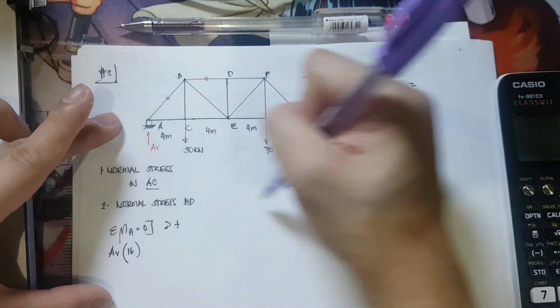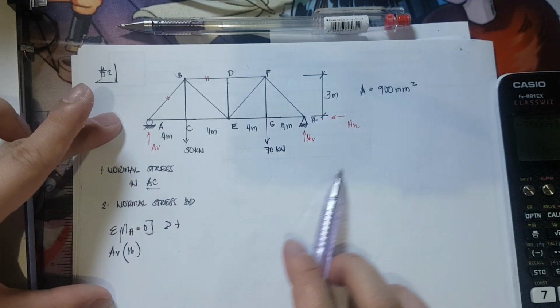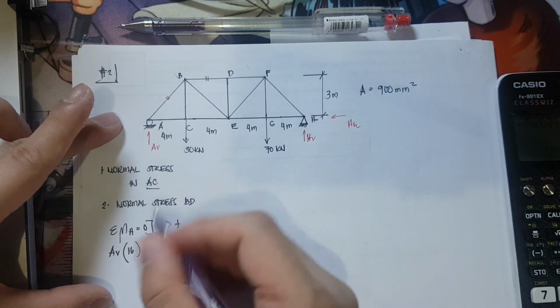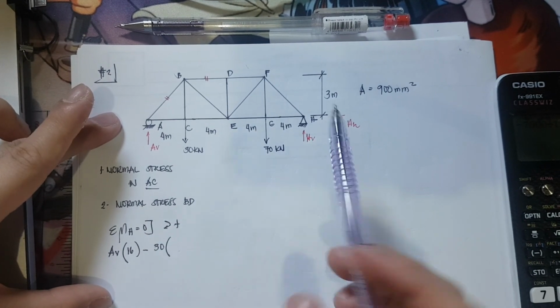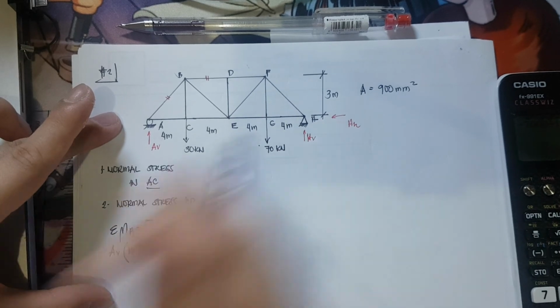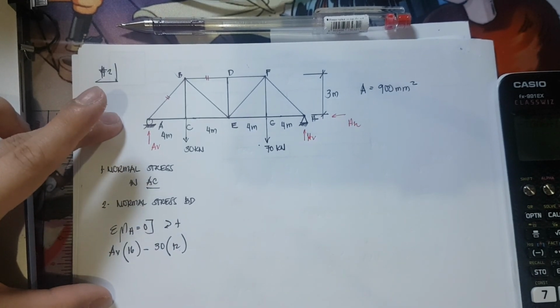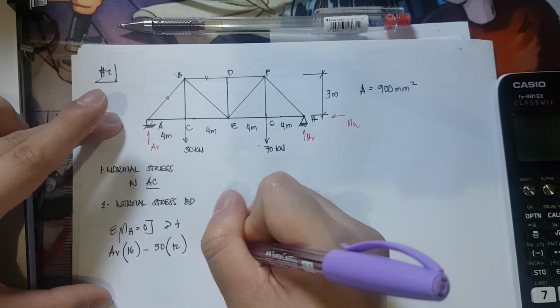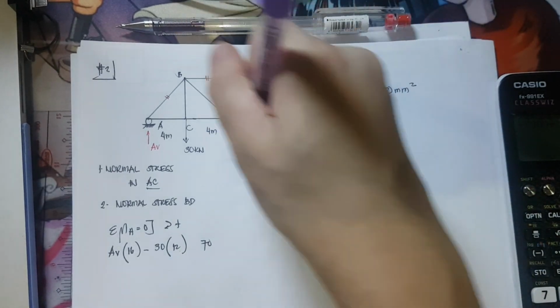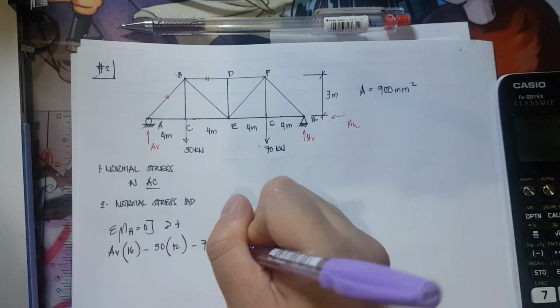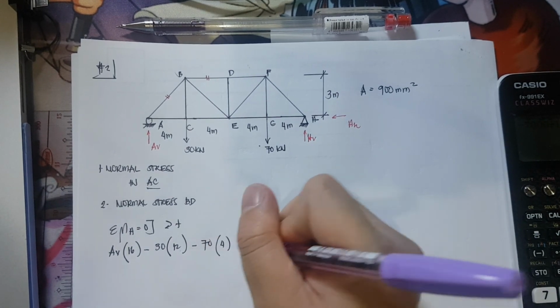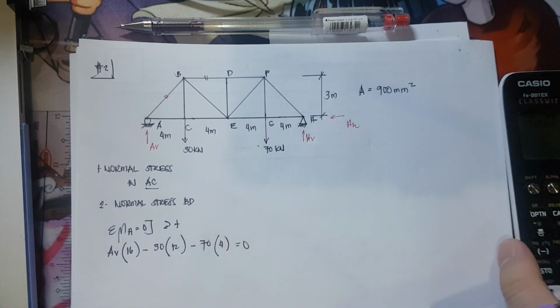Next I have negative 30 because it is rotating counterclockwise, times a lever arm of 12. Next I have 70, rotating clockwise, times a lever arm of 4, equivalent to 0.